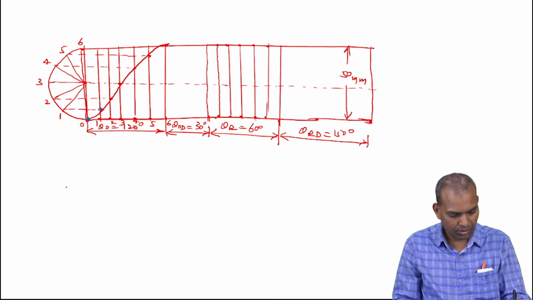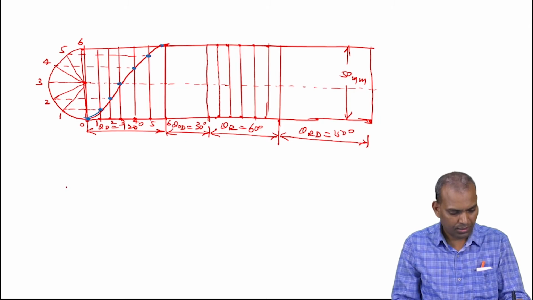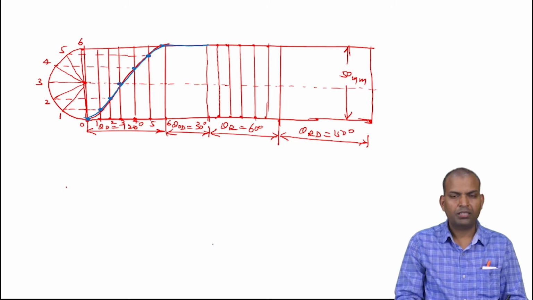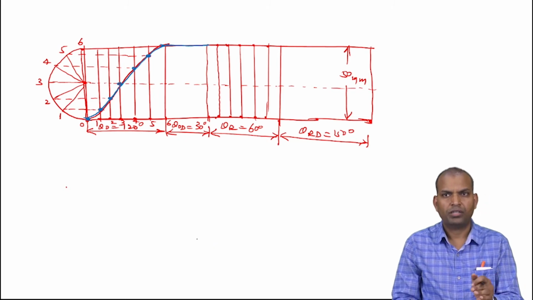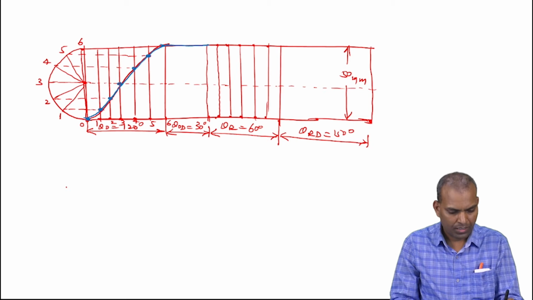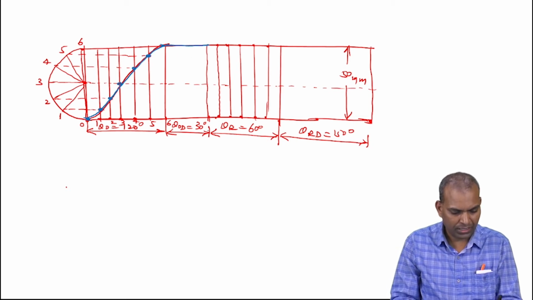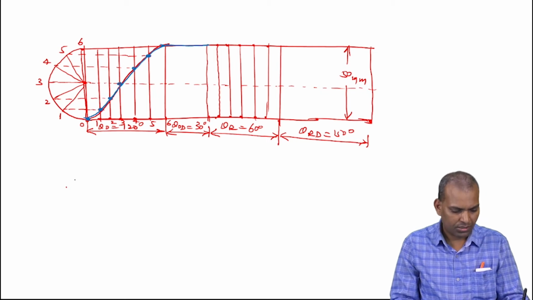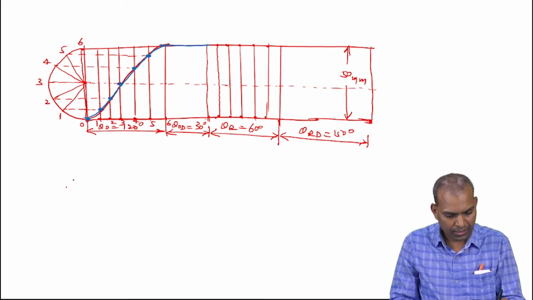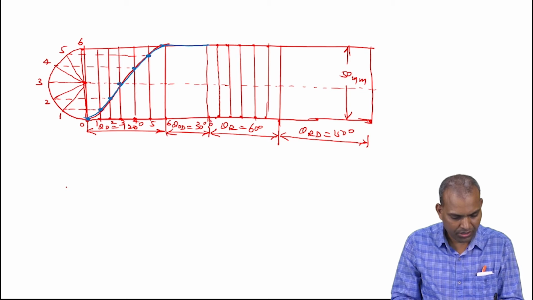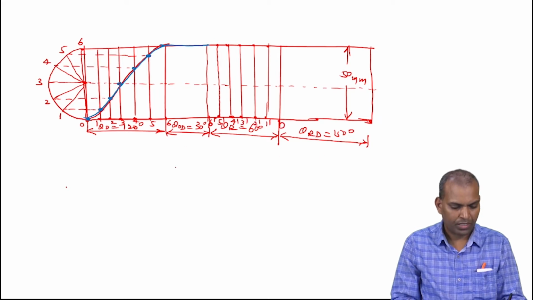If you join all these points, this is the SHM curve, and dwell. Similarly, transfer these points onto the outstroke. I am marking here: here it is 6, 5 dash, 4 dash, 3 dash, 2 dash, 1 dash and 0.